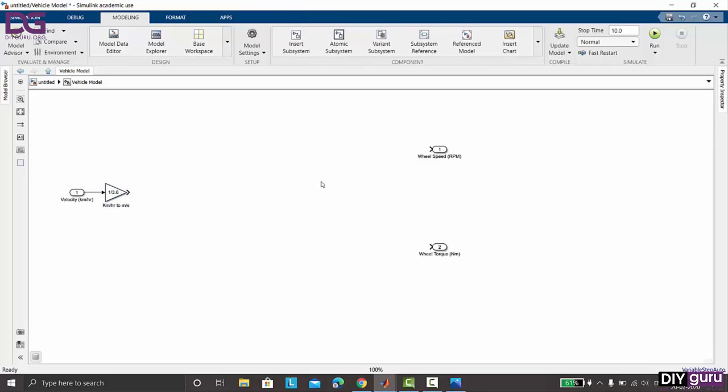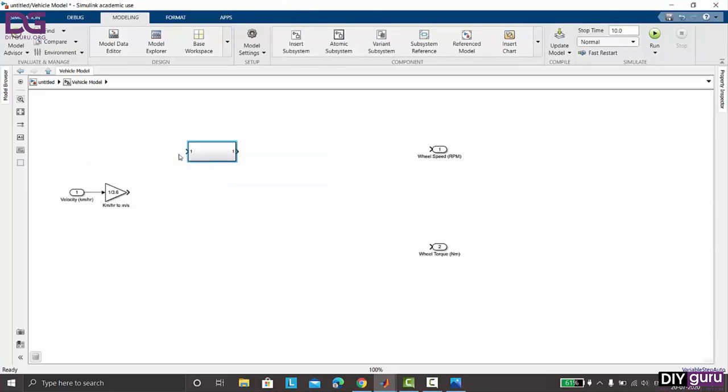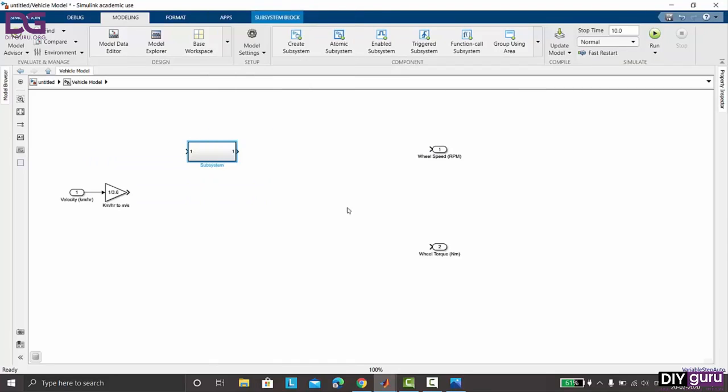So to obtain the wheel speed and wheel torque, we need two subsystem blocks. Name the first one wheel speed estimation and the second one wheel torque estimation.